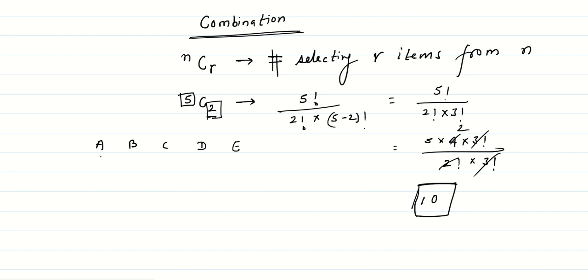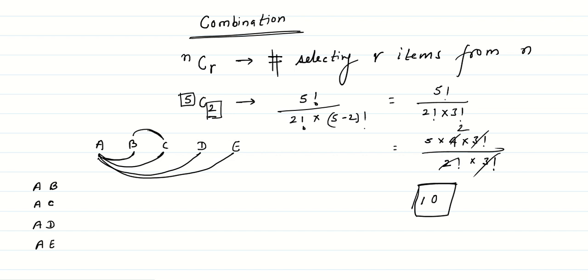So can I say I can select AB, or AC, or AD, or AE. So one selection is AB, another selection is AC, AD, AE. Make sense?